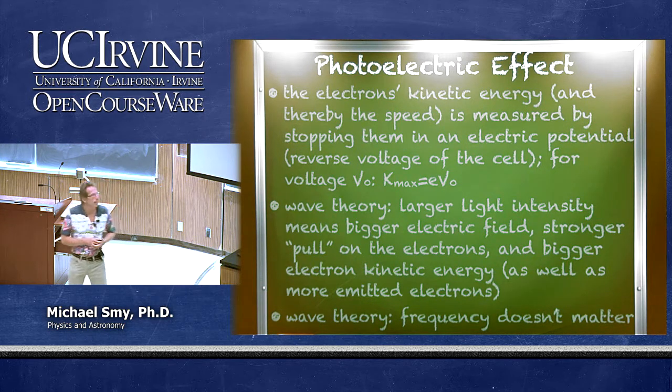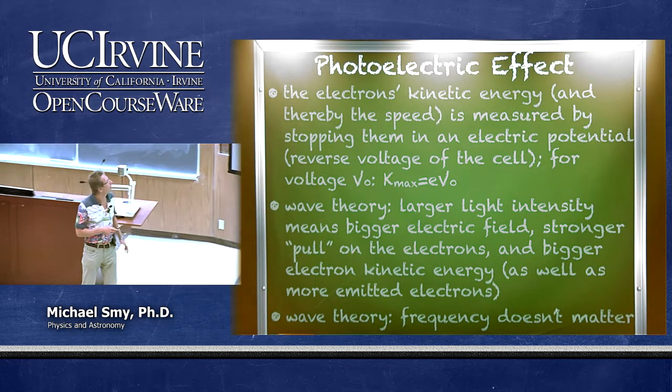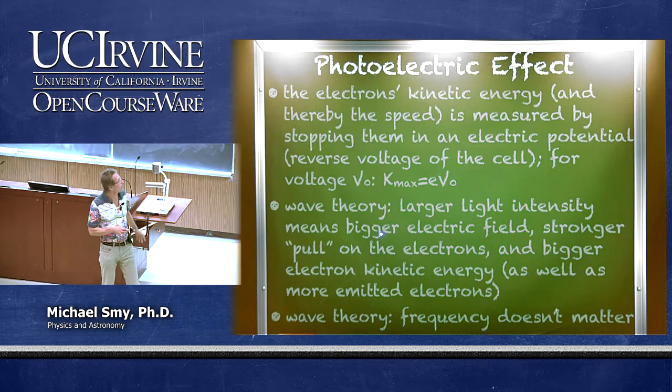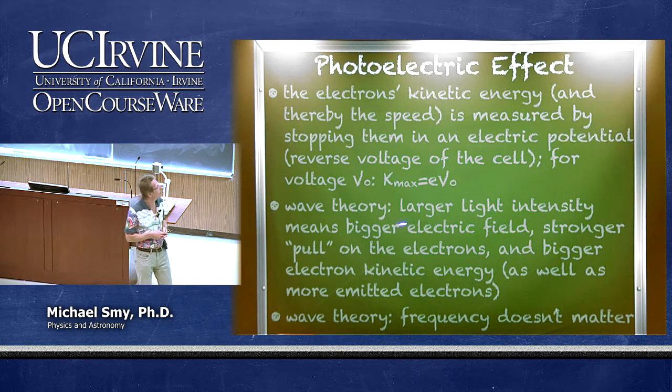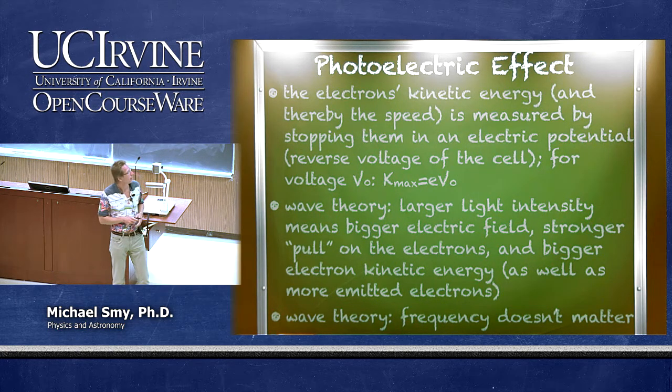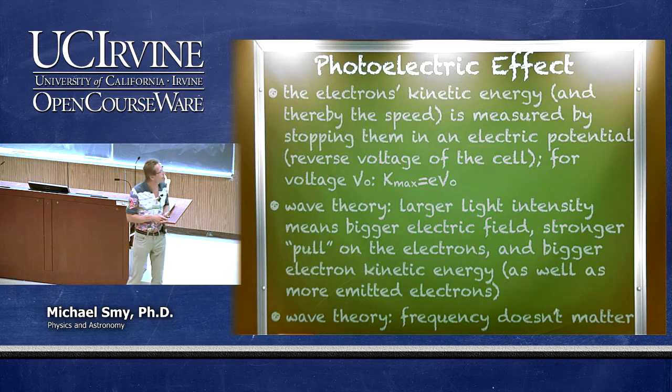So now we can look at it with the predictions of the wave theory. The wave theory tells us that the light intensity is proportional to the square of the electric field. That means if we have larger light intensity, we have a stronger electric field. And a stronger electric field pulls more strongly on the electrons.